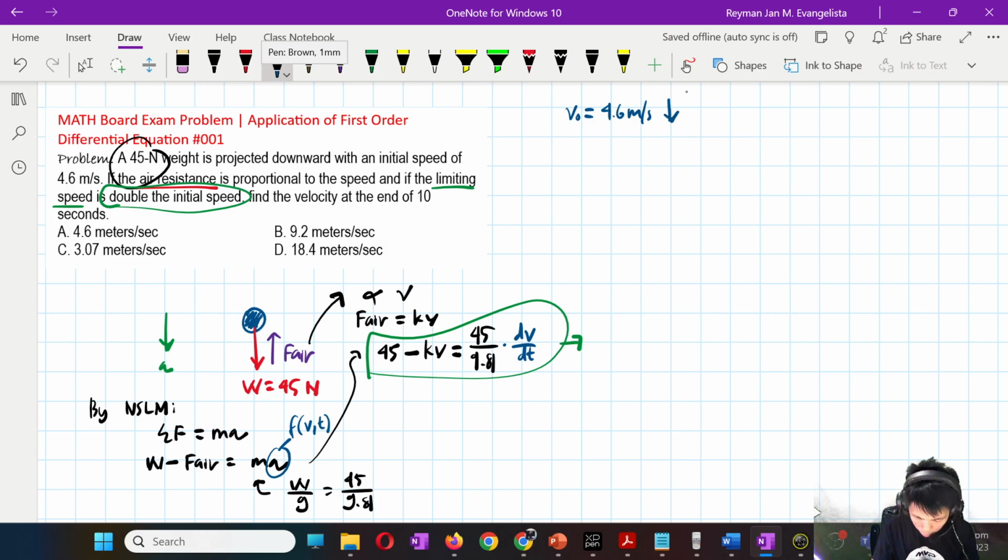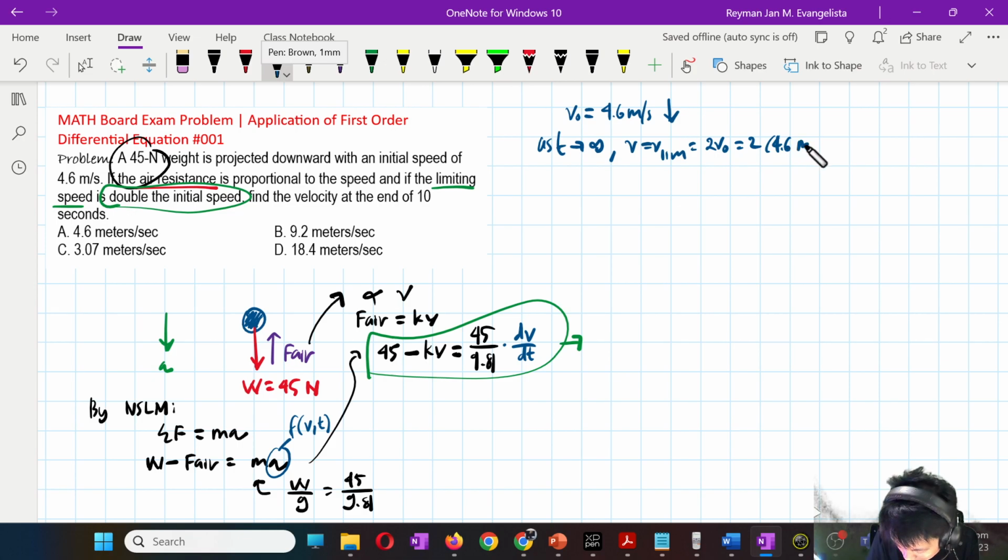When you say limiting speed, that is after a long time, as t becomes large, our v becomes the v limit, which is twice the initial speed, or two times 4.6 meters per second, that is 9.2 meters per second.